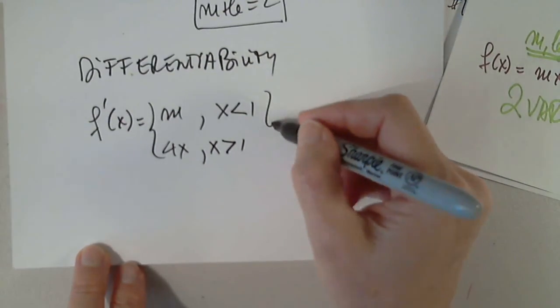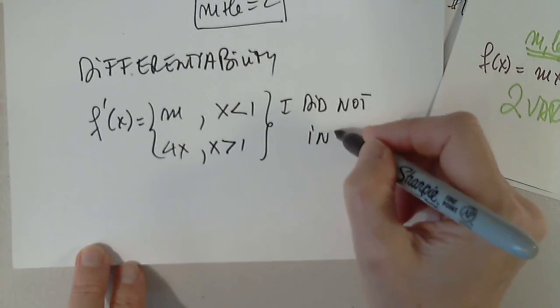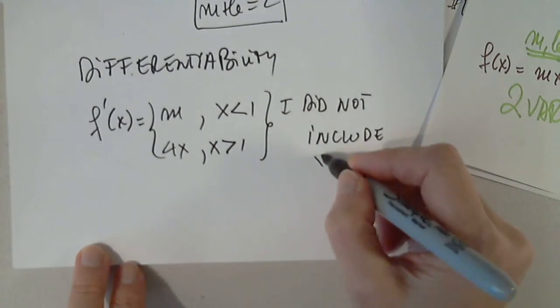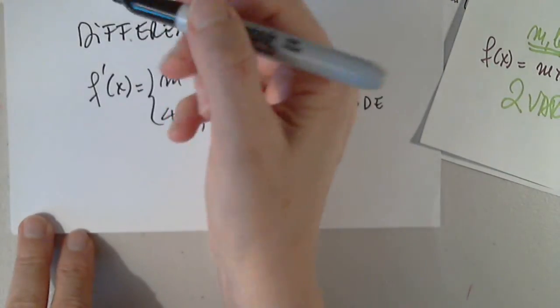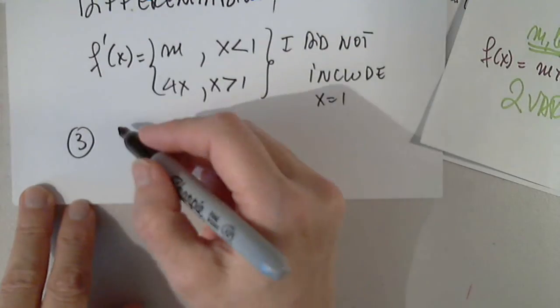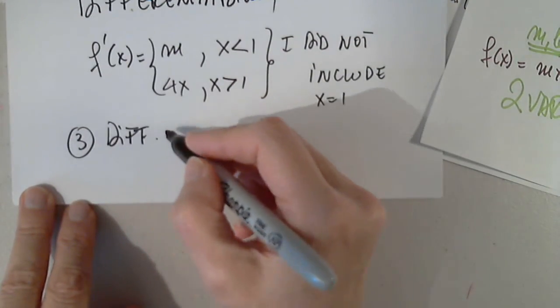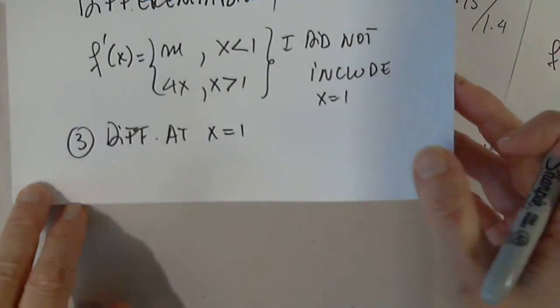Notice that I did not include x equals 1 yet, because I don't know. So that's my, if you want to call this step 3, differentiability at x equals 1. I don't know.